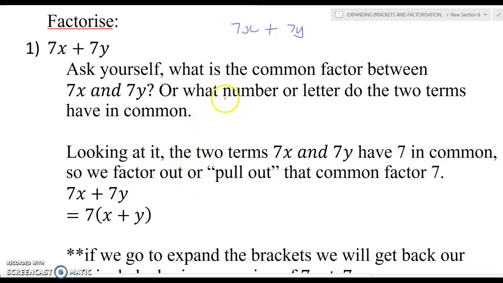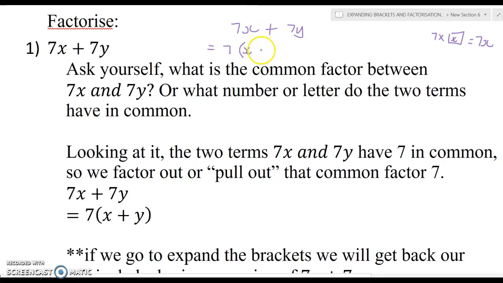So what we say is that we factor out, or pull out, that 7, put that 7 outside, put your brackets, and now ask yourself, 7 times what will give me back 7x? It is obviously x, so you put that x right there.